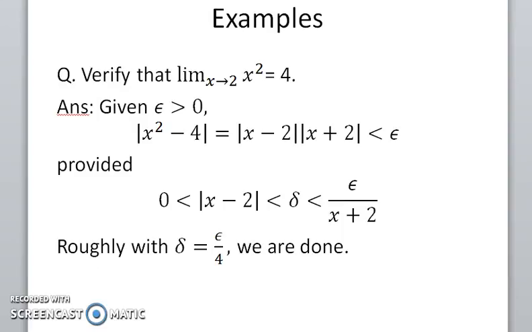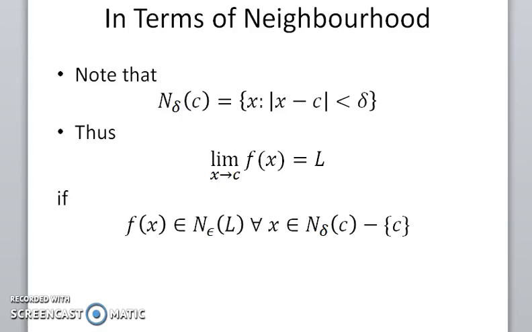So when we divide, we can replace x plus 2 by 4, giving epsilon by 4, or epsilon by 4 plus delta.